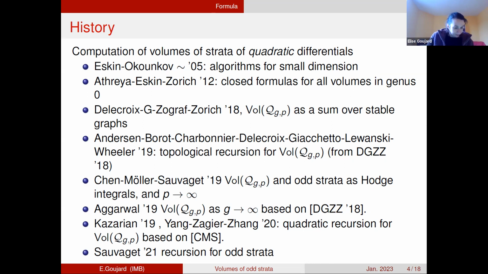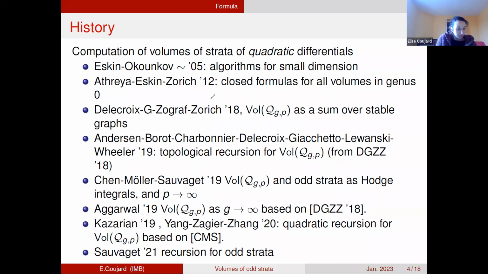And then the work by Athreya, Eskin, Zorich gives closed formulas for all volumes for genus 0 surfaces. This is more using dynamics on the moduli space, so I won't expand on that for now.